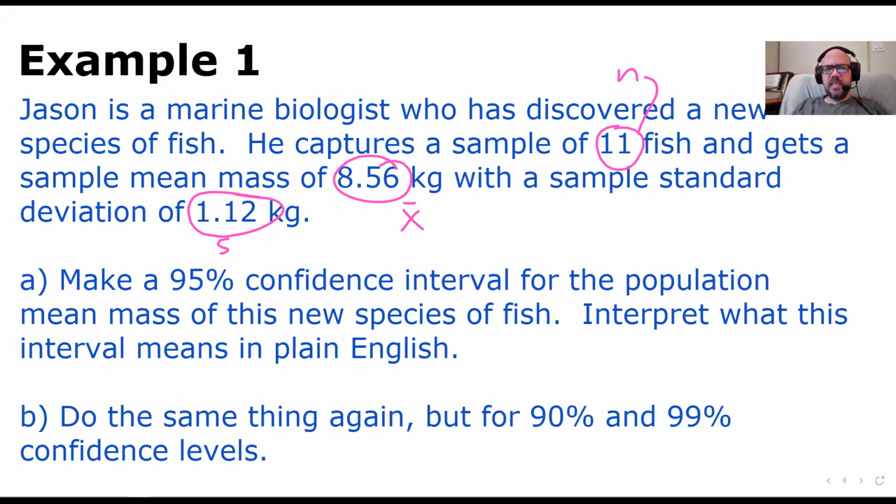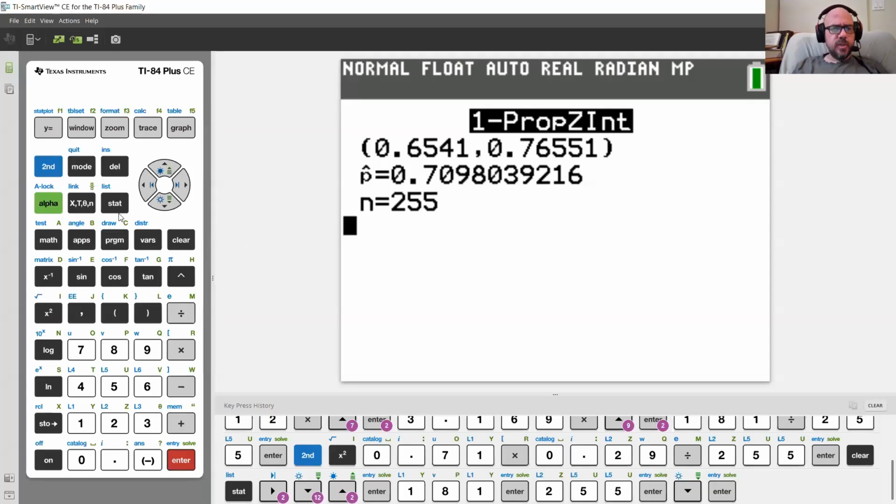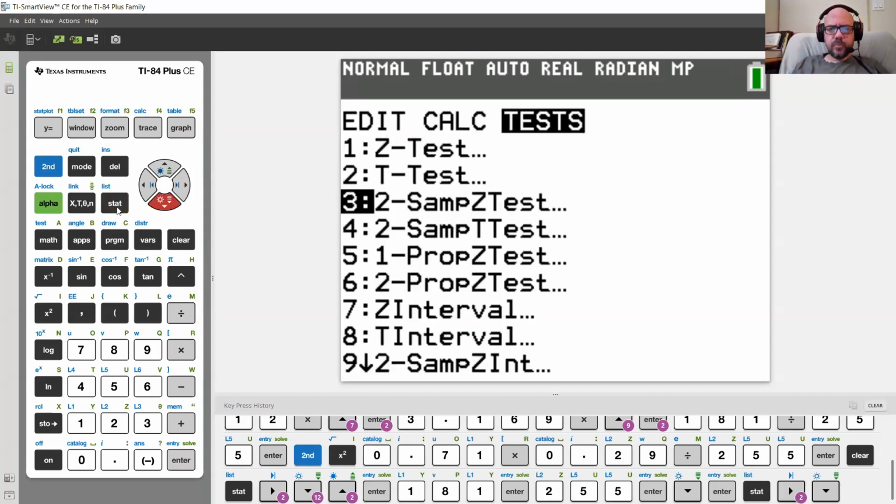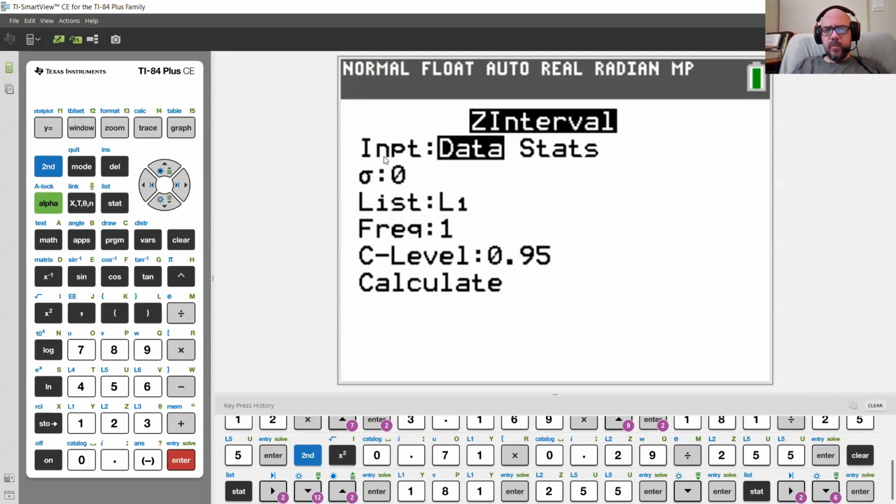There is a z interval option in your calculator, and in my opinion, that option is not worthwhile. We're never going to use it. It requires that you know sigma. You might say, well, maybe sometimes we'll know sigma. Probably not. Sigma, your standard deviation, is calculated using mu, your population mean.